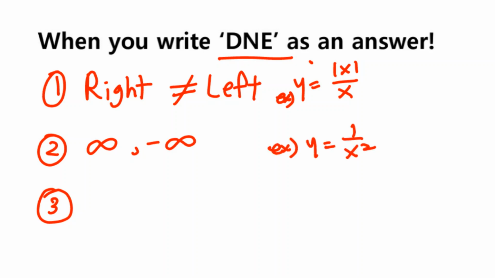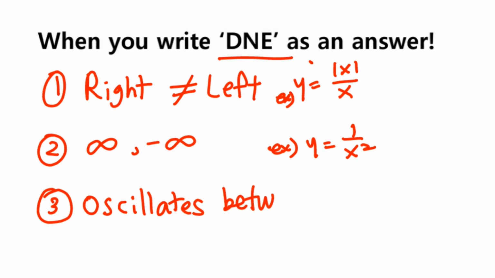What was number 3? When you have the graph that oscillates between two fixed points.